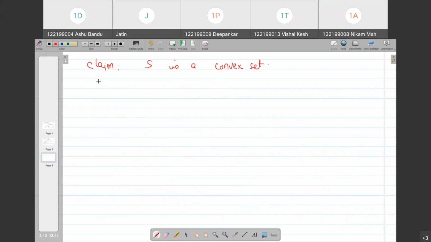So that means, let x bar comma y bar belong to S. That means your x bar and y bar satisfy all the constraint inequalities. Gi of x bar is less equal 0. Gi of y bar is less equal 0 for all i.